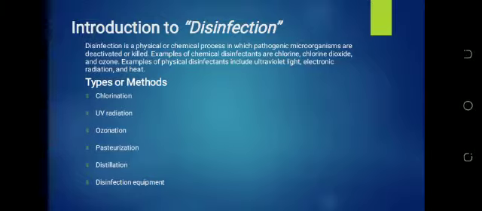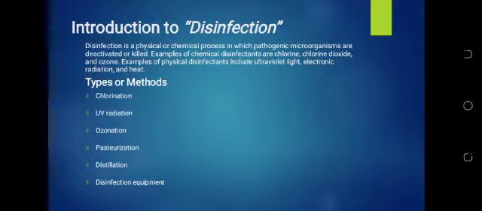First, introduction to disinfection. Disinfection is a physical or chemical process in which pathogenic microorganisms are deactivated or killed. Examples of chemical disinfectants are chlorine, chlorine dioxide, and ozone.